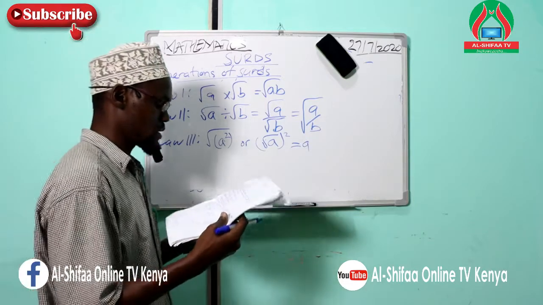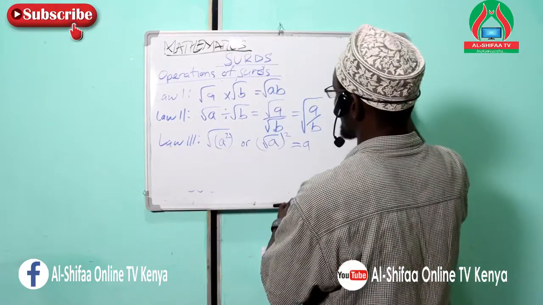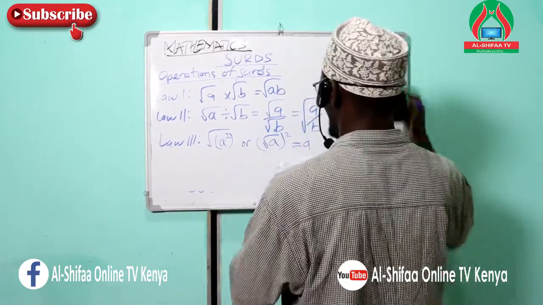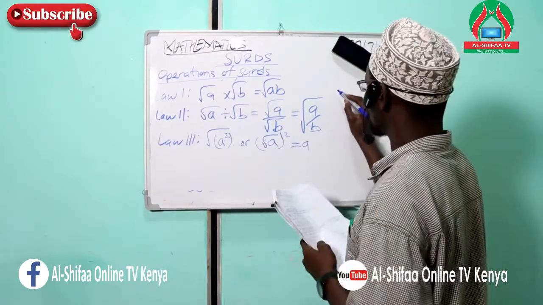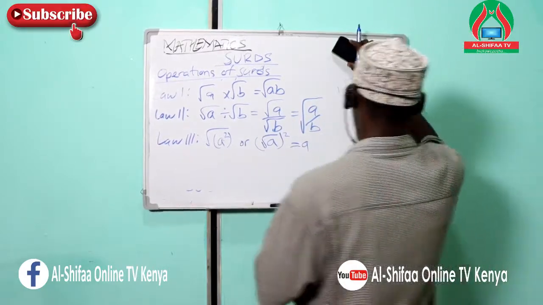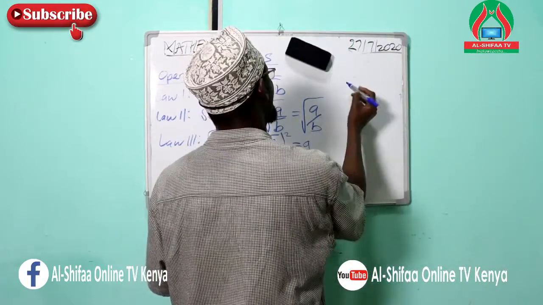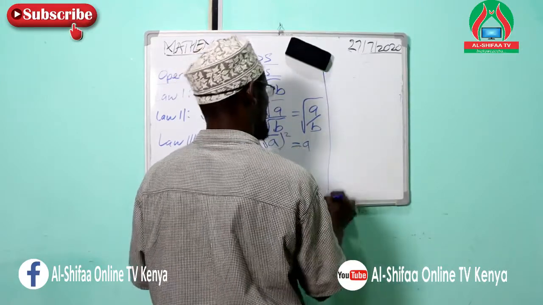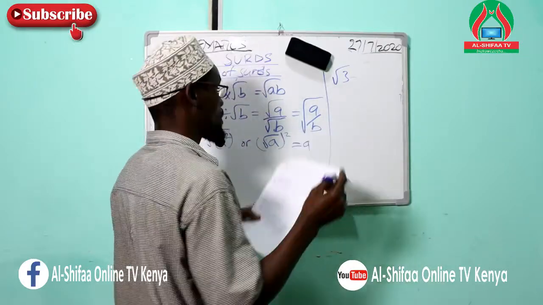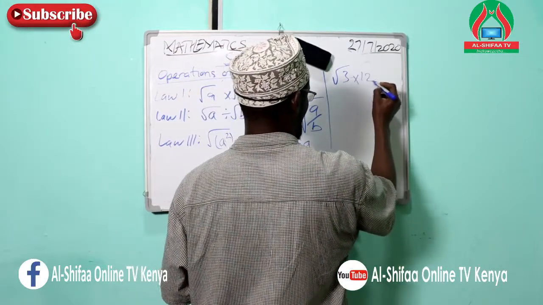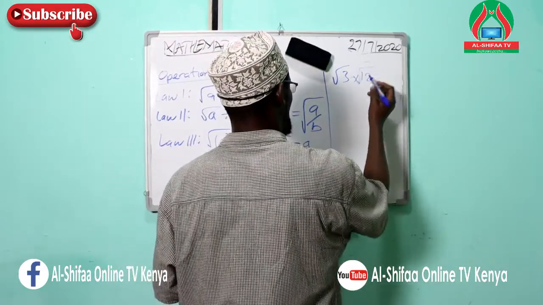Quickly, let's go into 3 examples and see. We have root 3 times root 12.